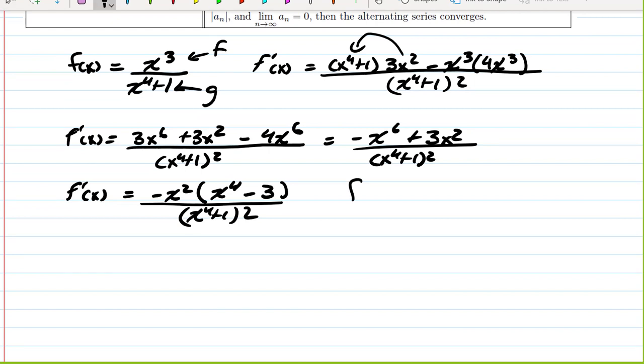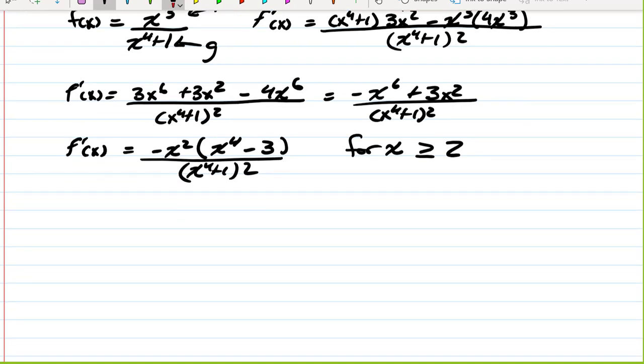So for x greater than or equal to 2, this term will always be negative, and this will be positive and a positive. So a negative times a positive divided by a positive means it's going to be negative.